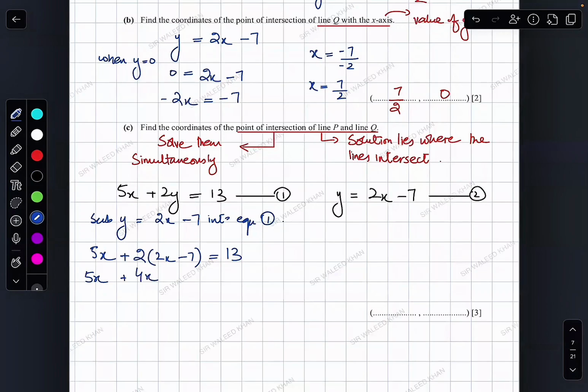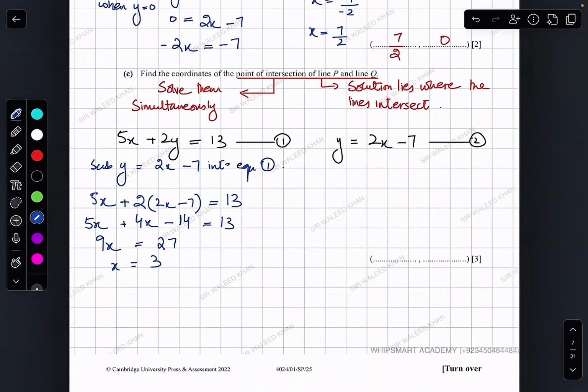So we have 5x plus 4x minus 14 is equal to 13. So we have 9x is equal to 27 and x is equal to 3. Now substitute x is equal to 3 into the simpler equation. Whichever equation is simpler, use that. That is a wiser decision. Why?